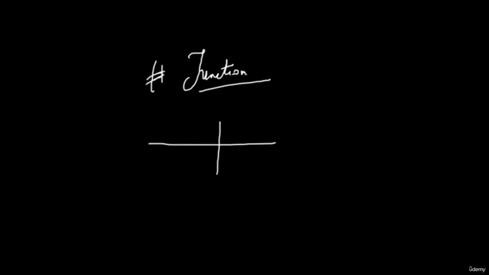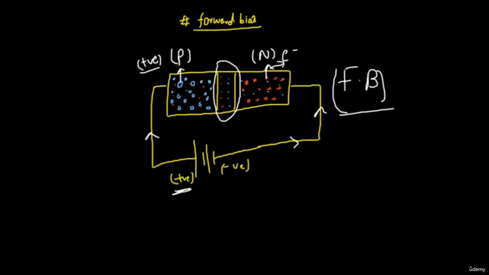Like there's a junction in the railways, city 1 and city 2, and this is the line connecting these two places. This is known as a junction. Similarly, in our case, this point is known as the junction. So when we are adding P with N, this is known as a PN junction. What we are studying here is the PN junction.